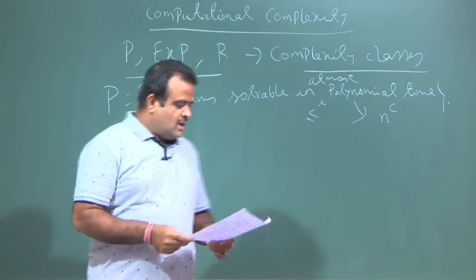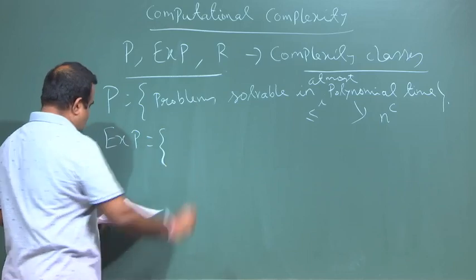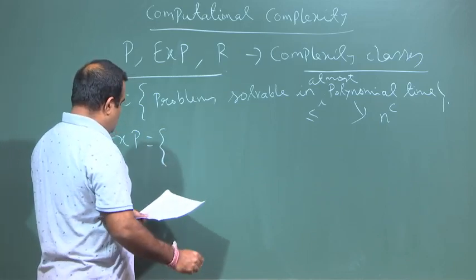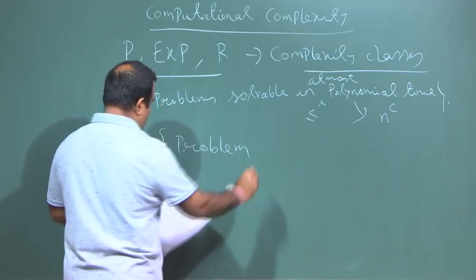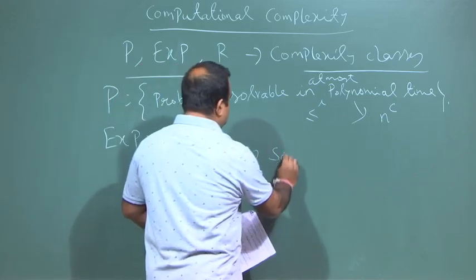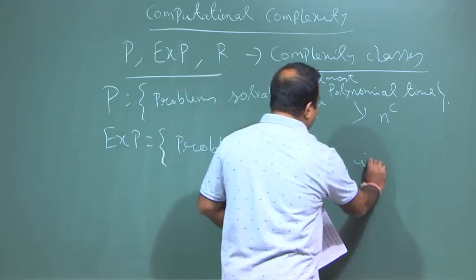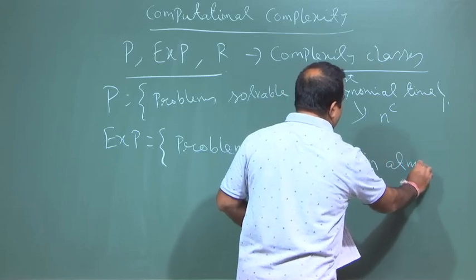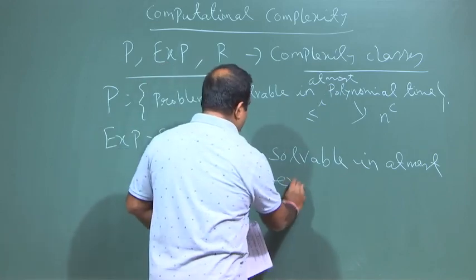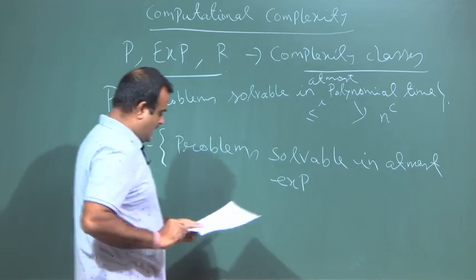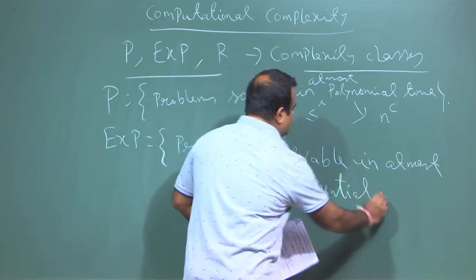The second class is EXP, which is problems solvable in at most exponential time. That is why it is EXP, exponential time.